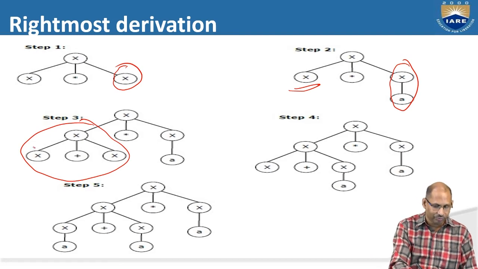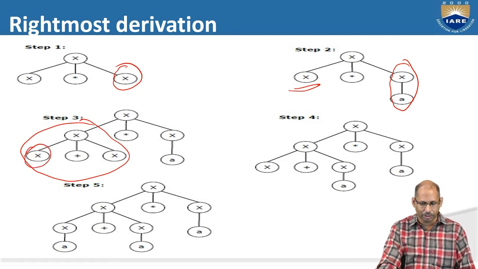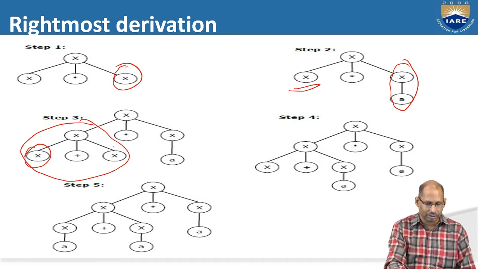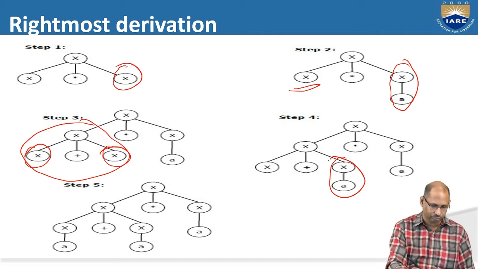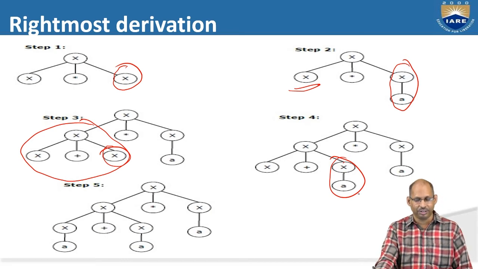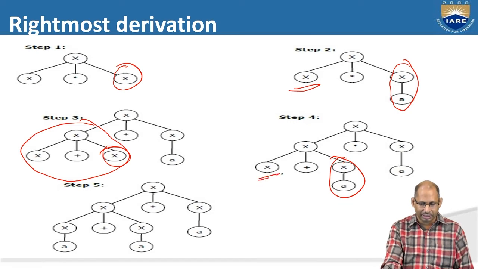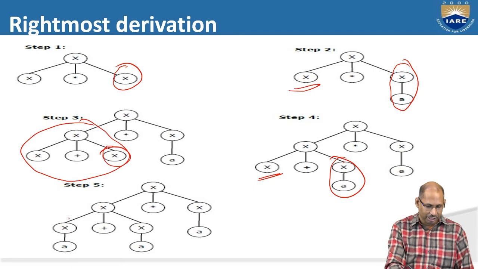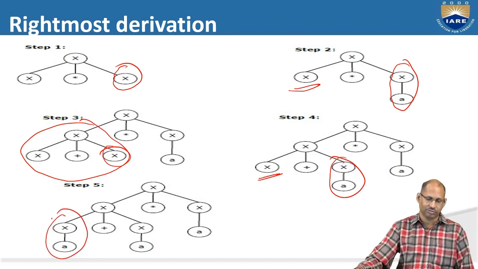Now in this one this is a right hand variable, so we are expanding this right hand variable X as A. So this is the right hand variable, so we are expanding the right hand variable X as A. Finally this is the right hand variable that is left over, so finally we are expanding this one.